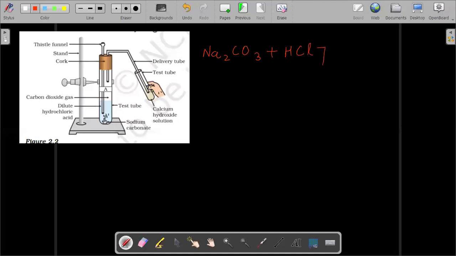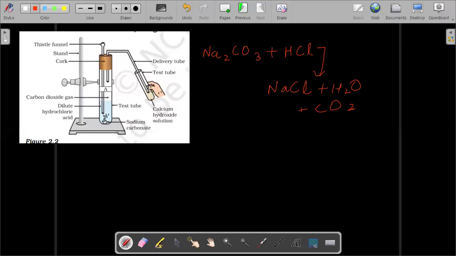So what is the product formed? Sodium chloride, NaCl, plus H2O and CO2. Okay, so what are the products?